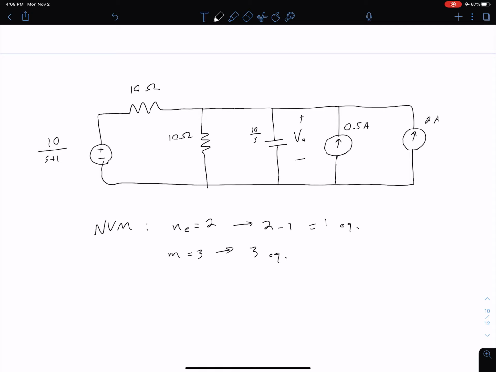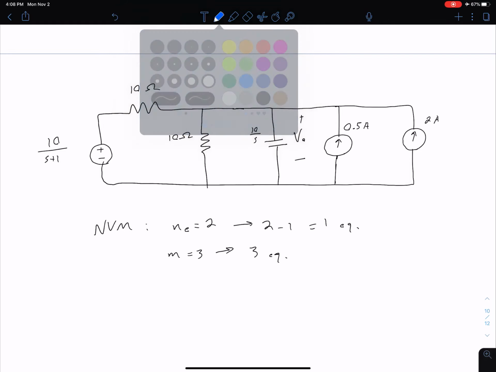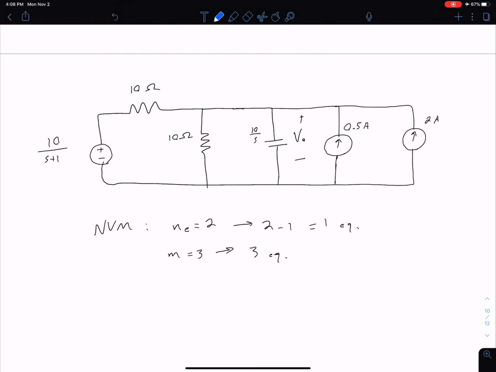We could also, of course, still do parallel combinations of impedances and source transformations. Simpler steps, but more of them. So it's kind of just a pick your poison sort of thing. So let's again look at our node voltage, and I promise in later examples we'll look at some mesh current and some other techniques.